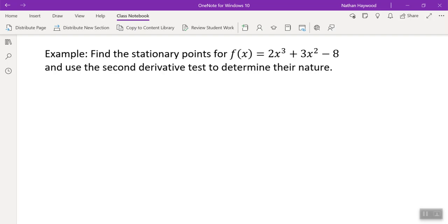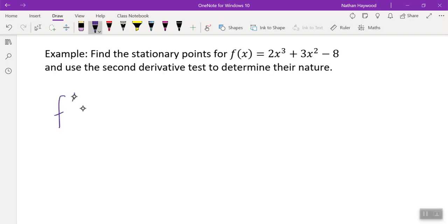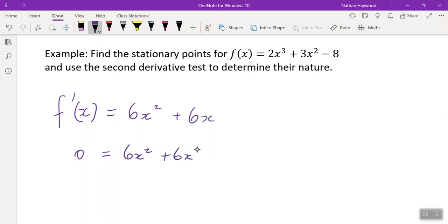So let's find the first derivative. The stationary point is when what? Perfect. When this equals 0. So let's make that equal to 0. What's the common factor?